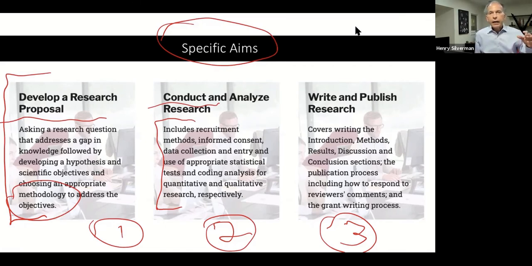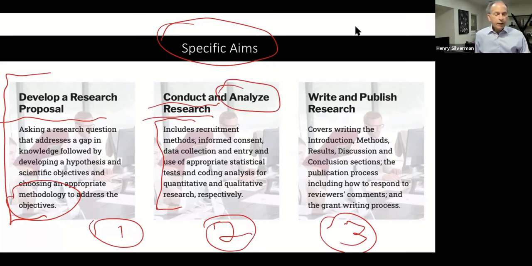So we are targeting people who are interested in quantitative research, qualitative research, and also if you're working in the lab, we're here to help you conduct your research as well and analyze the data that has been generated in your research.